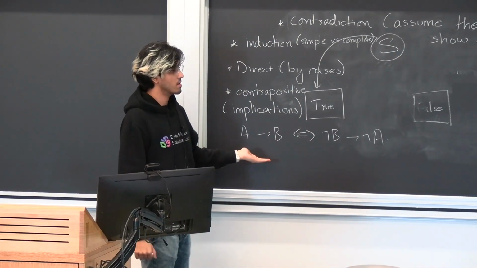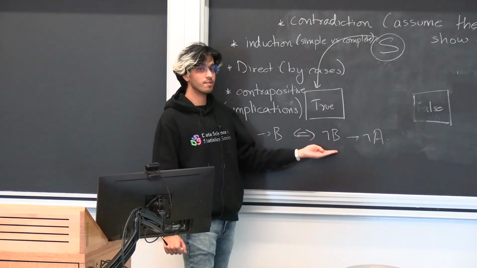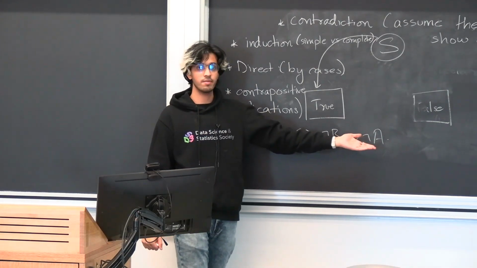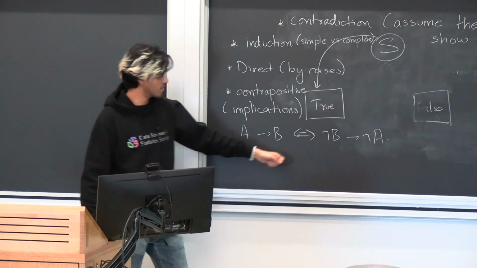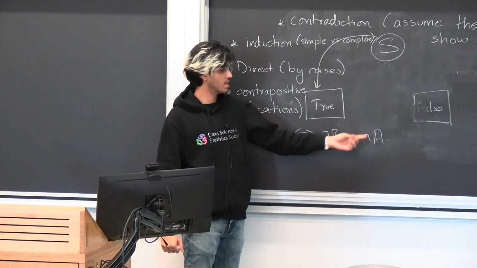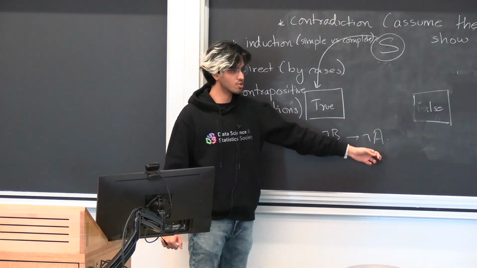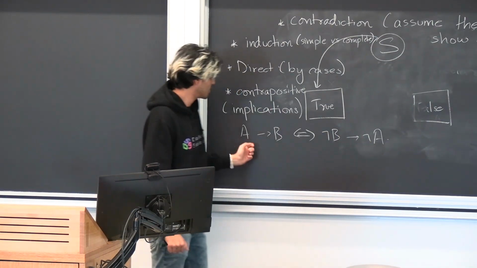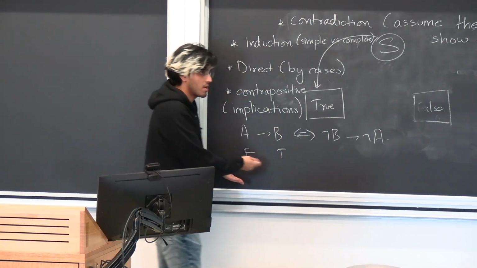A implies B is logically equivalent to the complement of B implies the complement of A. This says if A is true, then B is true. This says if B is false, then A is false. Why? Well, if B is false and A was true, then A implies B would not work out, right? This is not a valid implication.